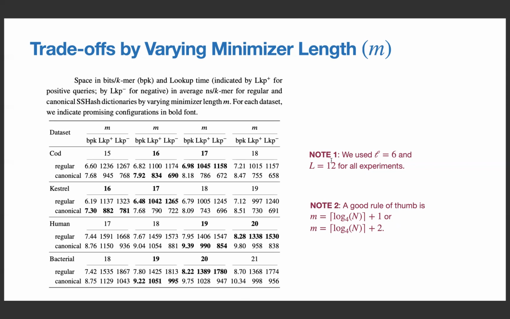So as a good rule of thumb, you can always select M as given in this formula. So we take a log in base 4 of capital N, which is the total number of nucleotides in the string collections. And so I'm going to use as value of M these values in bold.